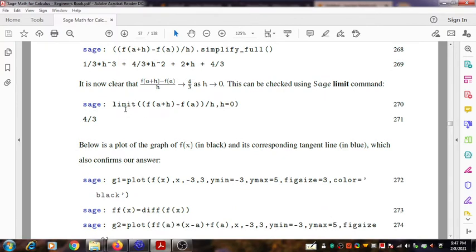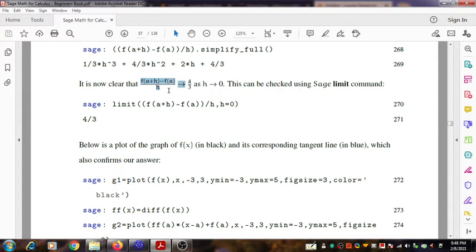After completing this method, we are going to see one more way to obtain the derivative, that is using the limit function. Basically the steps are the same, but at the end of the procedure you are going to take the limit of this expression.